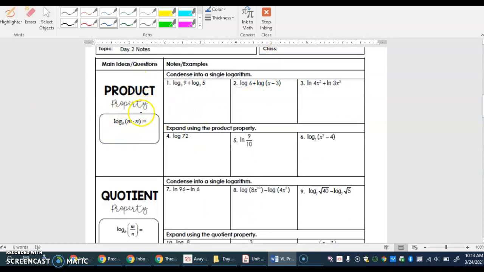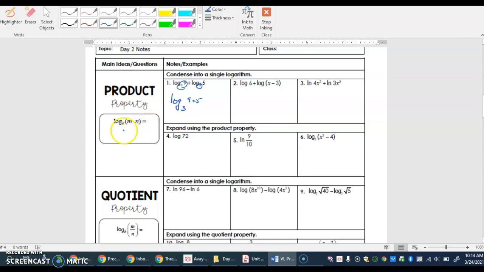It means that when you have log to the base 3 of 9 plus log base 3 of 5, and they're being added, when you are condensing into a single logarithm, you will write it as log of 9 times 5 to the base 3. We have to make sure that the bases are the same. This will work only if the bases are the same. If the bases are different, you cannot.